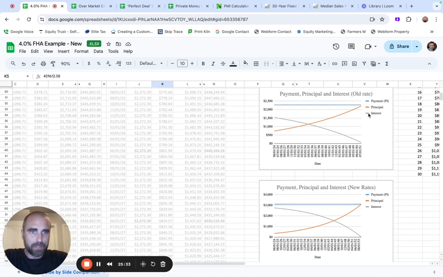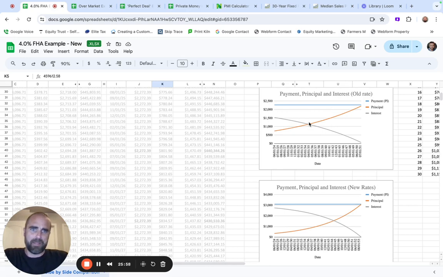Principal is orange, interest is gray, and then the total payment of those two combined is blue. So that plus that equals that. Like we showed when we were scrolling down to the bottom, each month we are paying less and less interest, and more and more principal. Paying principal is good, interest bad.